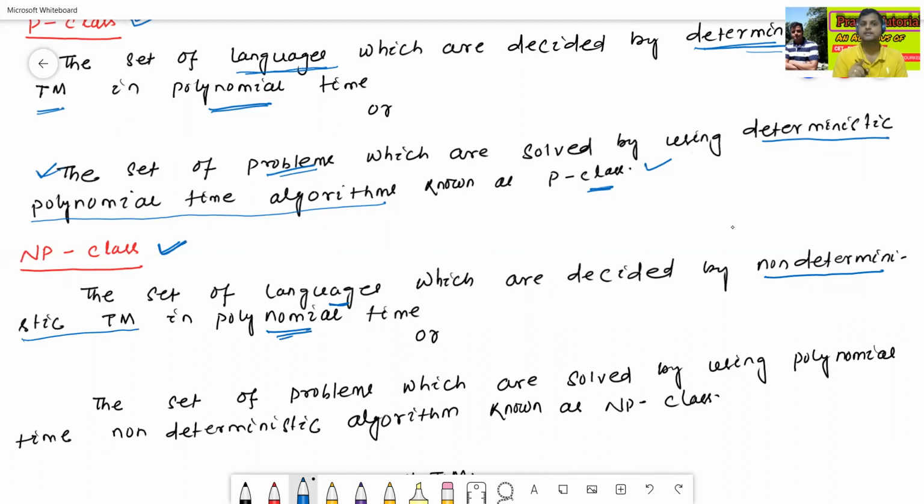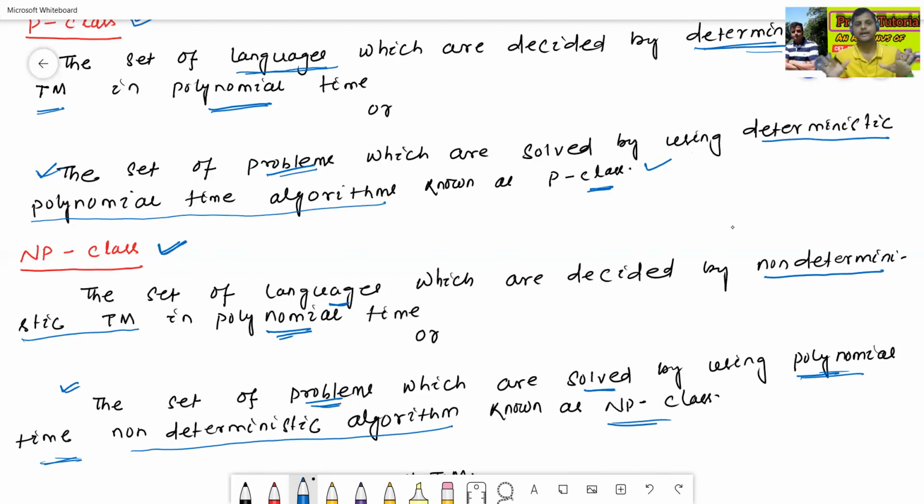But P class means the set of languages decided by a deterministic Turing machine in polynomial time, whereas NP class means the set of languages decided by a non-deterministic Turing machine in polynomial time. One more definition: the set of problems which are solved by using a polynomial time non-deterministic algorithm is known as NP class.